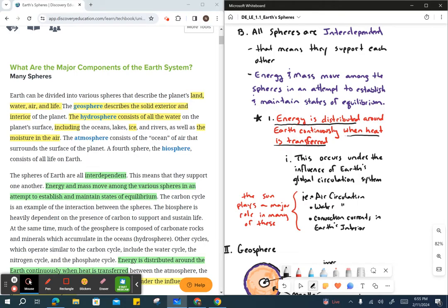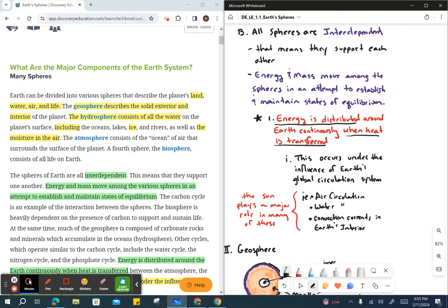Okay, so energy is distributed around Earth continuously. How so? When heat is transferred, right? The solar energy from the sun heats up the surface, both land and water. It drives evaporation. It drives the warming of the surface, which warms up the air, which causes air circulation to happen.